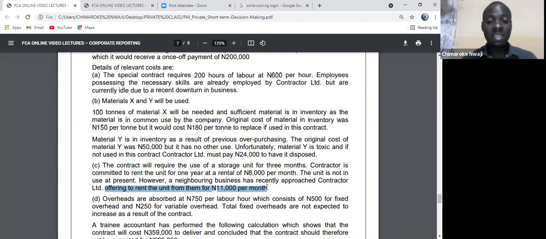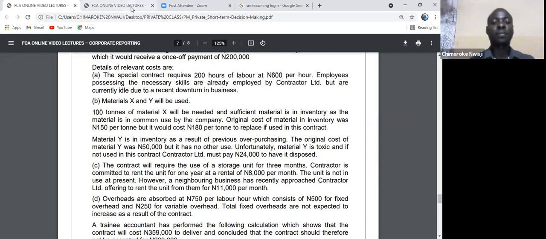It means that you have to charge 11,000 naira as opportunity cost for not accepting the neighbor's offer, or for using it for storing materials for the contract's projects. And then that means that 11,000 naira minus 8,000 naira is 3,000 naira extra savings that you will get.